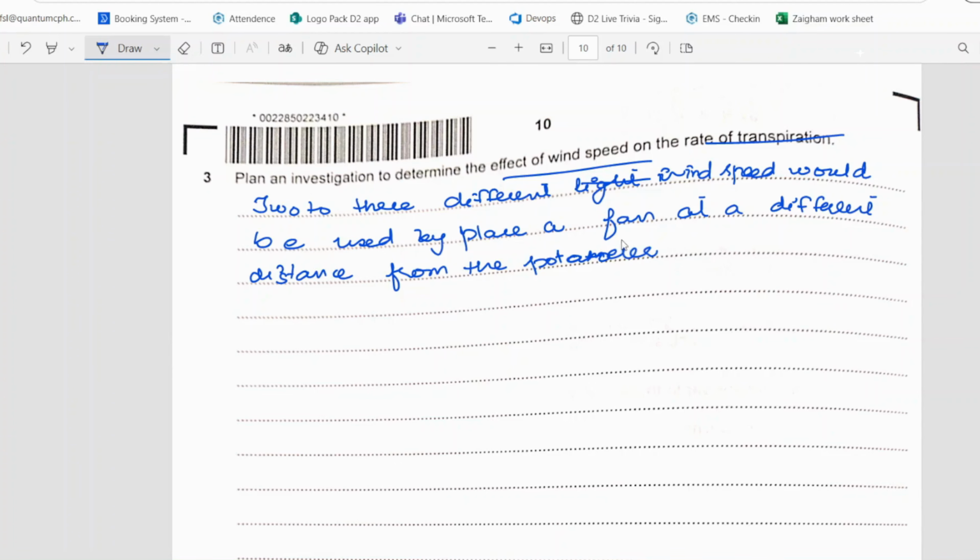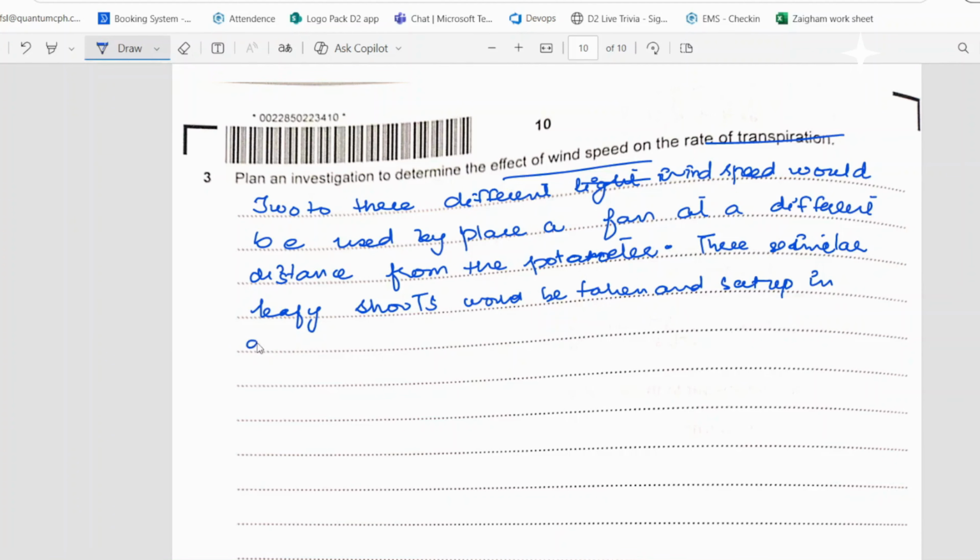Okay, now for the rate of transpiration, you would take 3 similar leafy shoots. Since it's transpiration and it's related to stomata, try to have an equal number of leaves on each shoot. The word is similar. Leafy shoots would be taken and set up in a potometer.